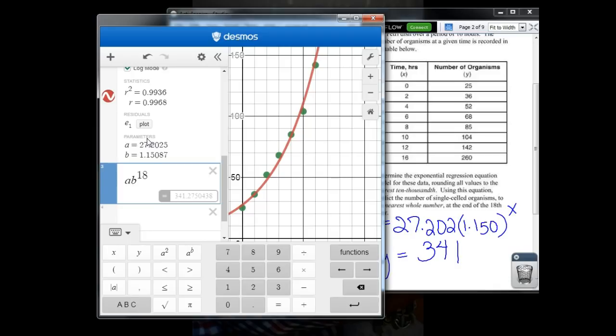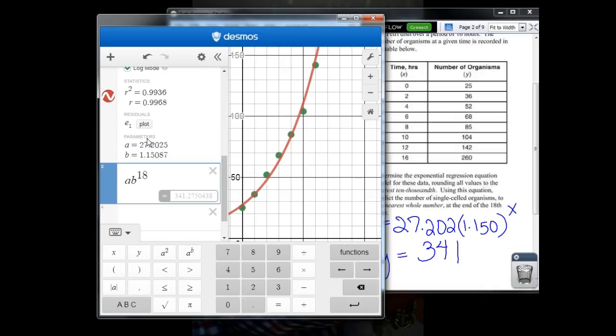Because it's not always going to be to the 18th. Like for number 4, it says the number of bacteria in the colony at the end of 7 hours, so you would put 7 in the exponent. Does that make sense? Any questions about this? This is pretty straightforward. All you're doing is all Desmos. No questions?